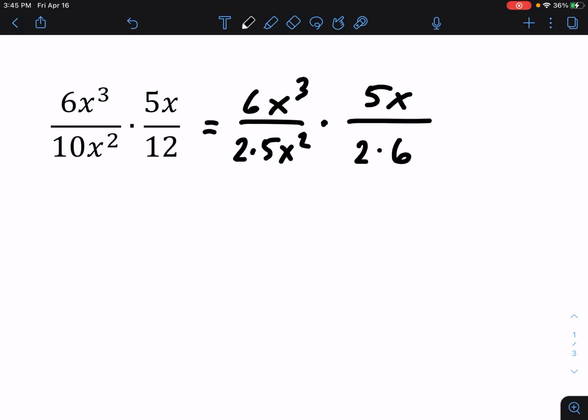I'm doing this because I noticed there's a 6 on the top and a 5 on the top, so that's why I'm factoring it into those numbers. You could do different numbers, like 12 you could have done 3 and 4, but you wouldn't get all of the numbers you want to eliminate.